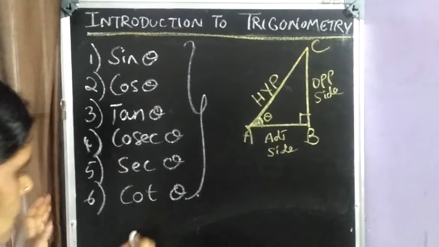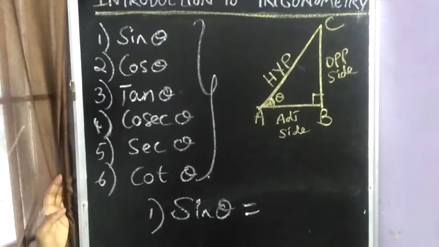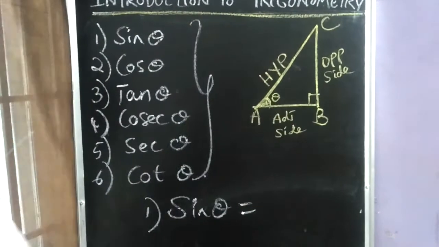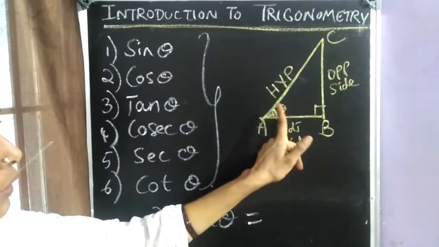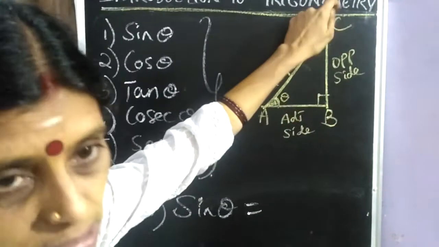First let us move on to sine. What is sine theta? In this triangle, angle A is taken as theta. Opposite to this theta, which side is there? BC.